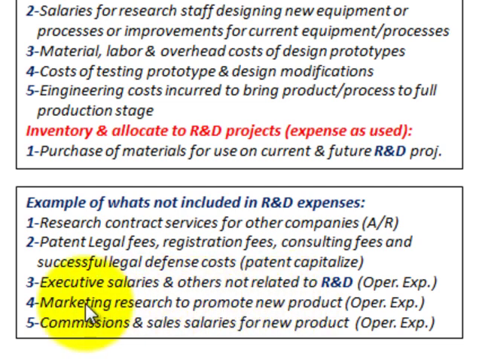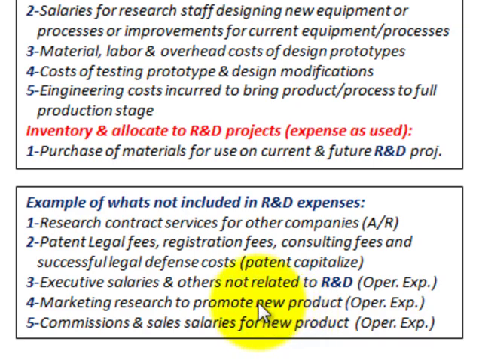Because it's not direct, it's not considered an R&D expense. It would be an operating expense. And number 5, commissions and salespeople's salaries for the new product that's being developed. Again, it's not a direct relationship to R&D. You would just be expensing it as an operating expense.